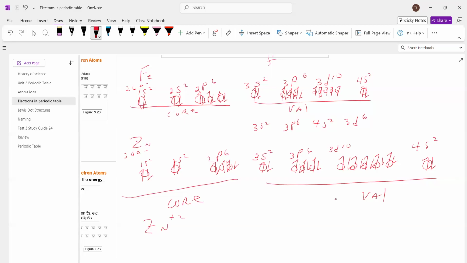So the zinc +2 cation is missing the 4s electrons because they're farthest from the nucleus, the least amount of attraction, so they're easiest to leave. In fact, the only ion that zinc makes is zinc +2, mainly because the subshell is full, very stable ion.